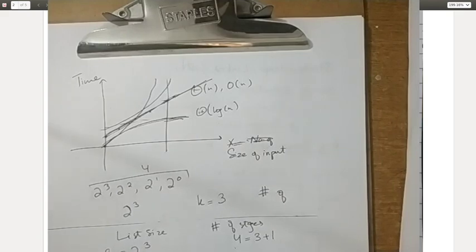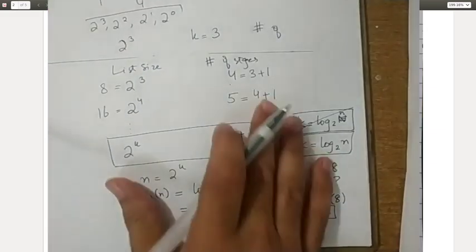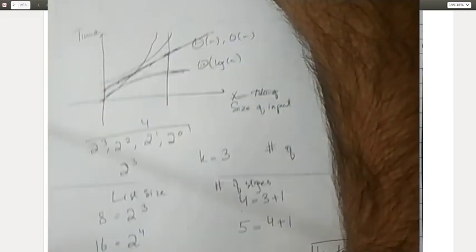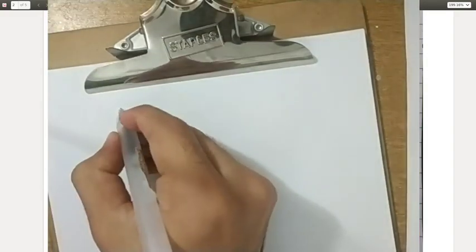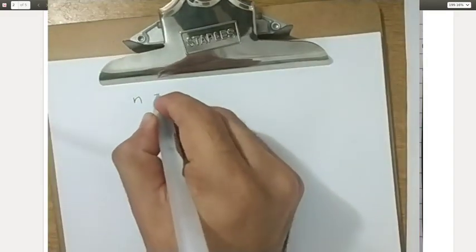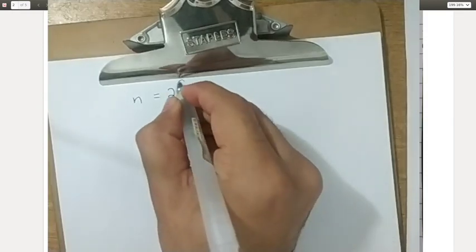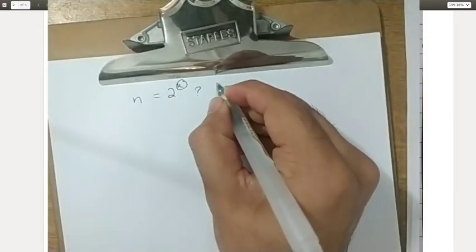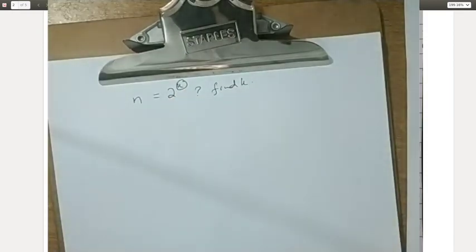How do you find what's the power? How do you solve an equation like this? This is a simple college algebra problem: if you have n equal to 2 to the k, how do you find k? And you find k by just taking logs on both sides.